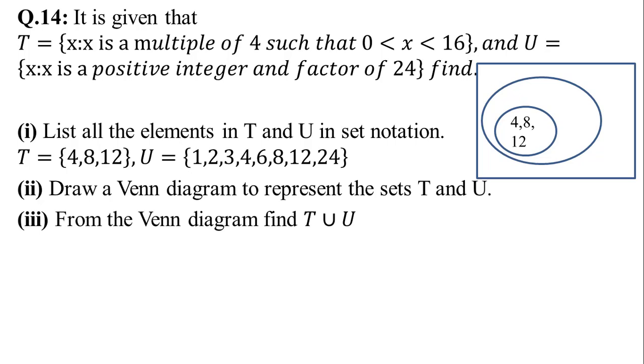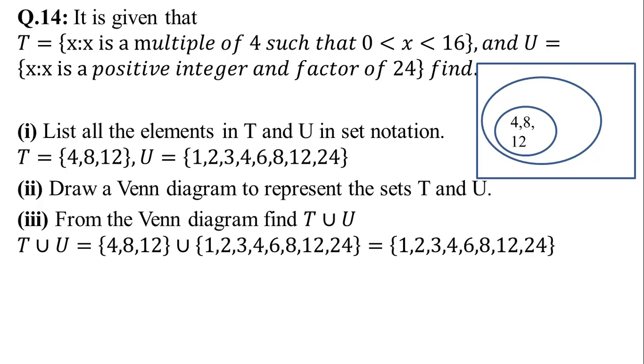Now in the next part, from the diagram find T union U. In T union U, we write the elements of T and of U, all the elements in both sets. So the answer is 1, 2, 3, 4, 6, 8, 12 and 24.